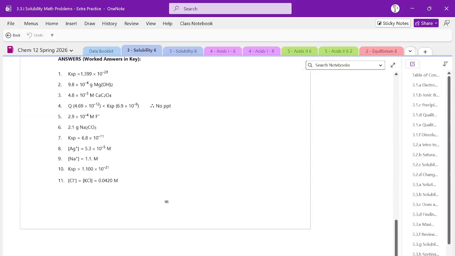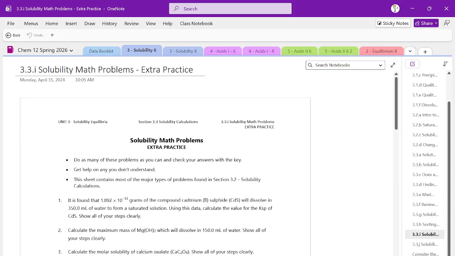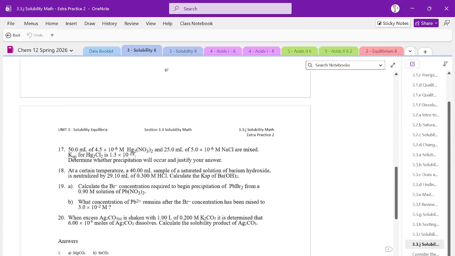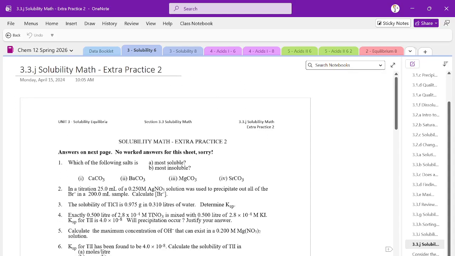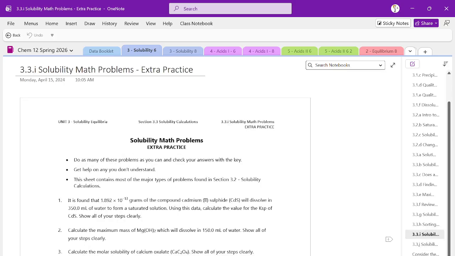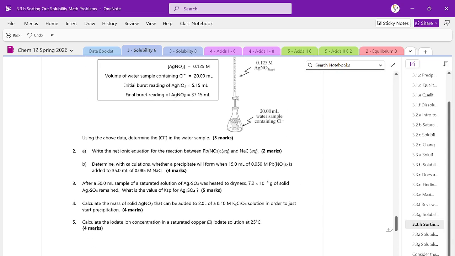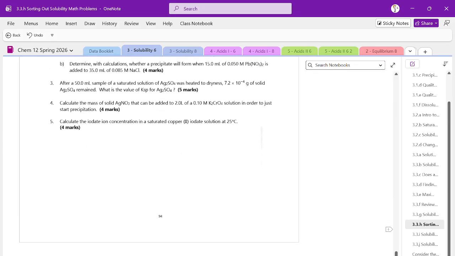There's like 11 of them, and then there's extra practice. In case you want to practice the crap out of these questions, if you get it, though, you don't have to do all of them. Anywho, your homework, and you can start on one of them right now, maybe, is page 94.